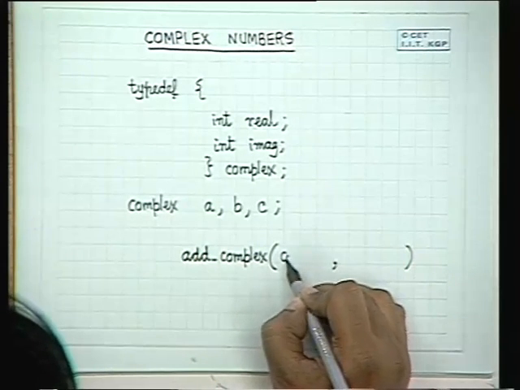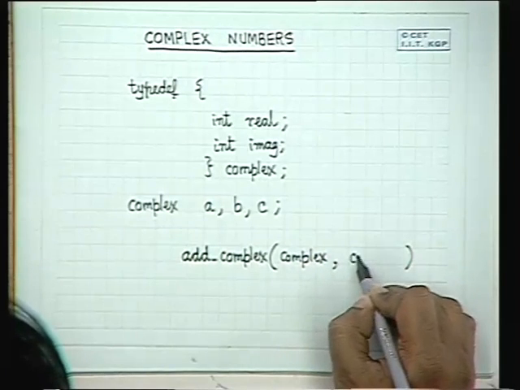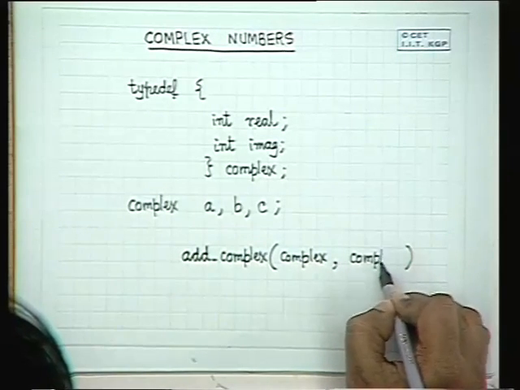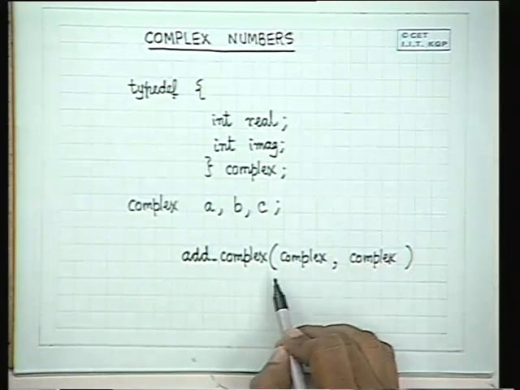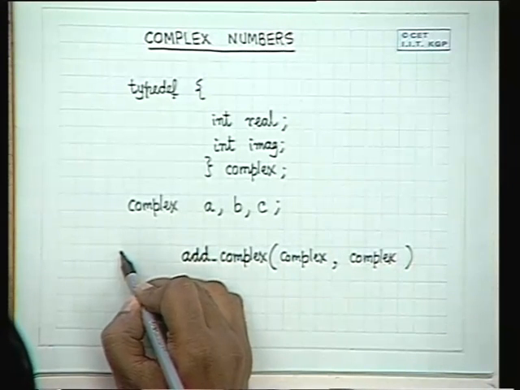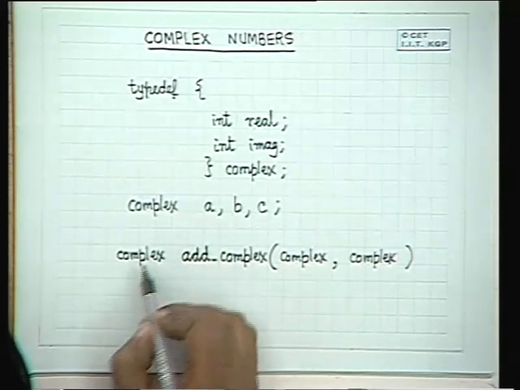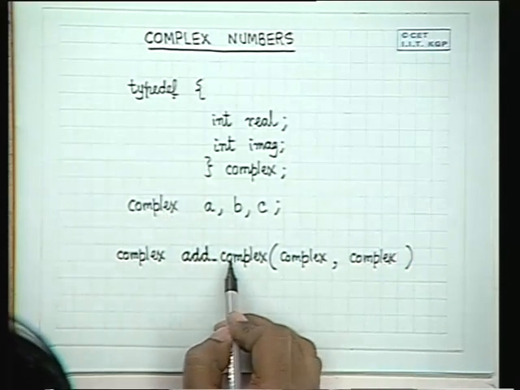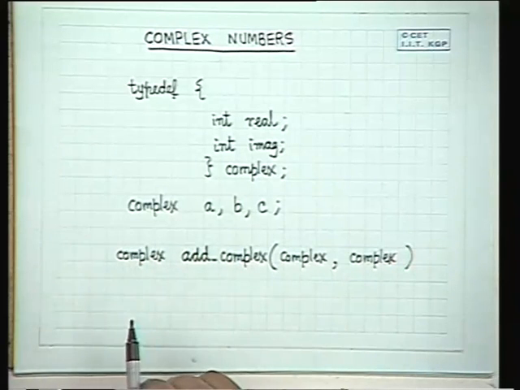One will be of complex type, and the other will be of complex type. Two elements of type complex it will take, and what will it return? It will return another complex type. So now, using such type definitions, we can return structures from functions as well.